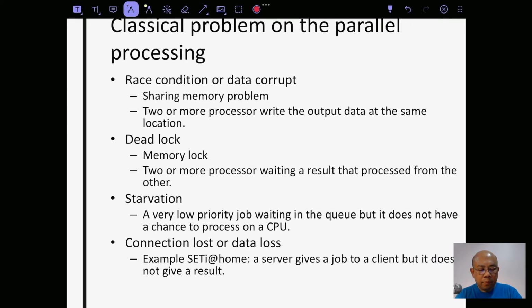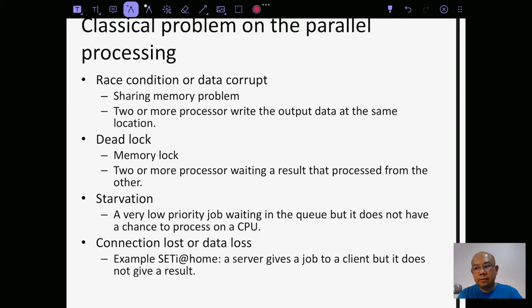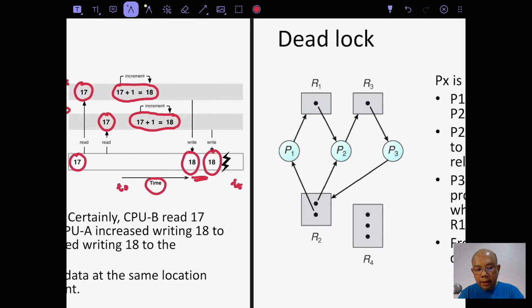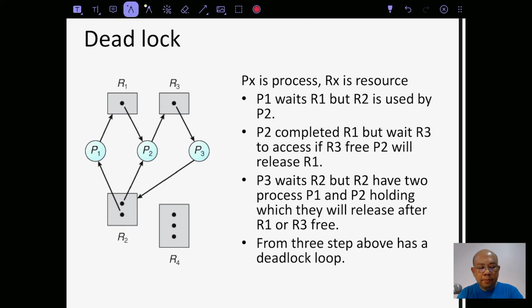The next problem we call deadlock. Deadlock is a memory lock by two or more processors, where no result comes from processing. Look at the picture here. I give a description like this. In the first step, here we have CPU 1, CPU 2, and CPU 3.